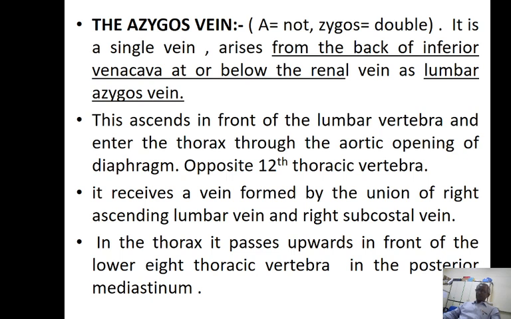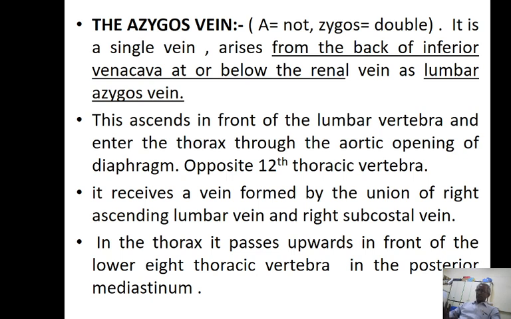It receives a vein formed by the union of the right ascending lumbar vein and the right subcostal vein. In the thorax, it passes upwards in front of the lower 8 thoracic vertebrae within the posterior mediastinum.